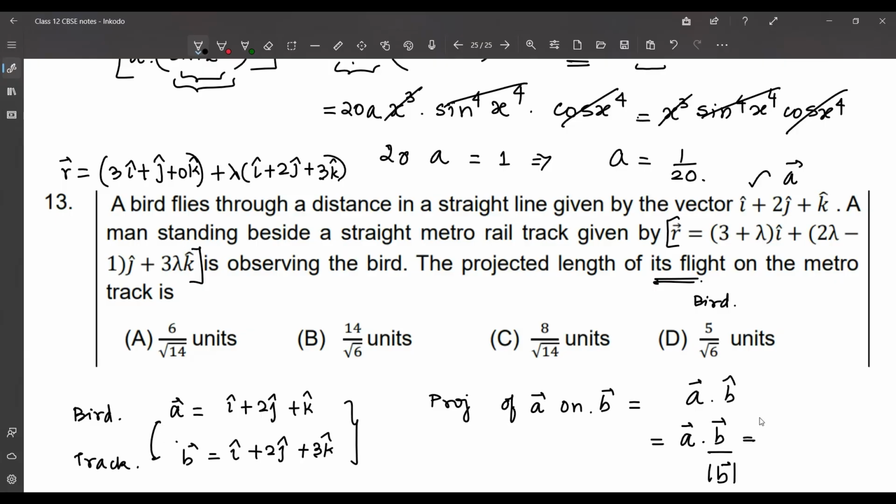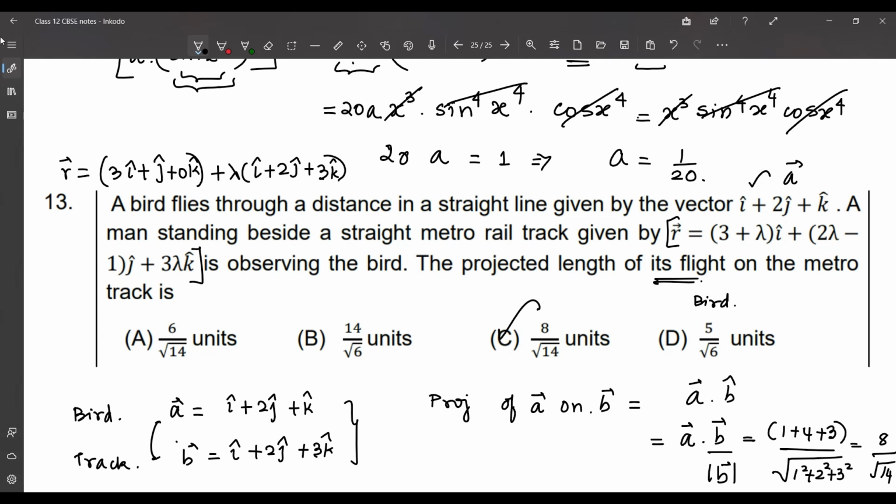So that is equal to 1 into 1 plus 2 into 2 plus 3, the whole divided by the square root of 1 square plus 2 square plus 3 square. So the answer would be equal to 8 divided by root 14. So option C is the correct answer.